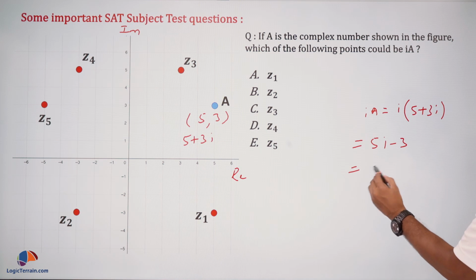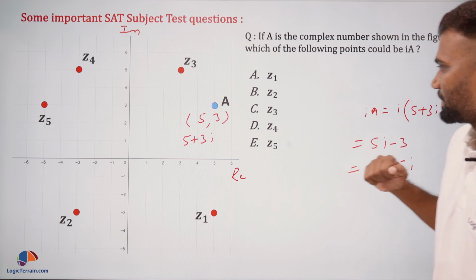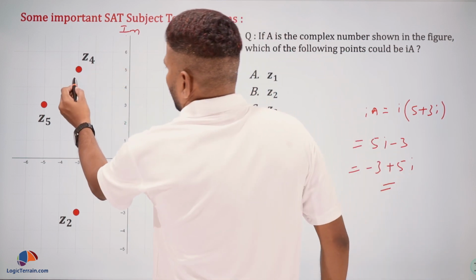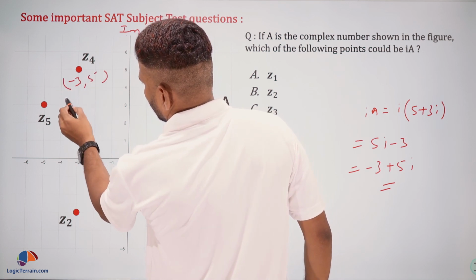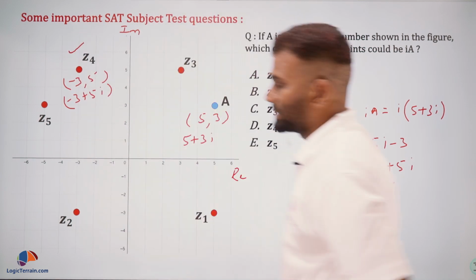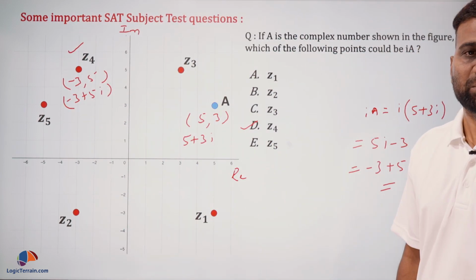So it becomes negative 3 plus 5i. So negative 3 and 5. So Z4. This becomes negative 3 comma 5, which you can also say negative 3 plus 5i. So Z4 is the correct option. So D is the right option.